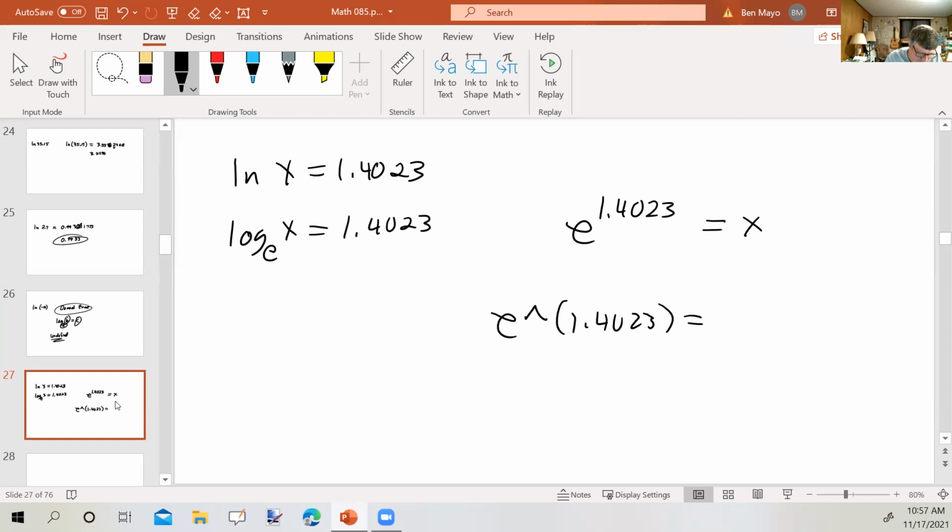Close it up and push equals. 4.0645376661. But again, it said 4 decimal places, so the 3 rounds down. 4.0645 would be the answer. Okay.